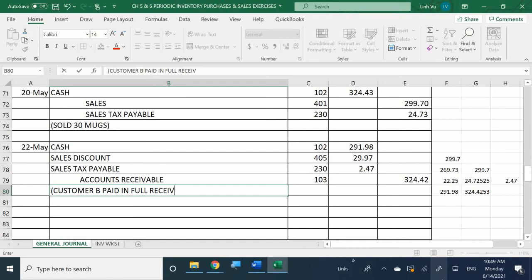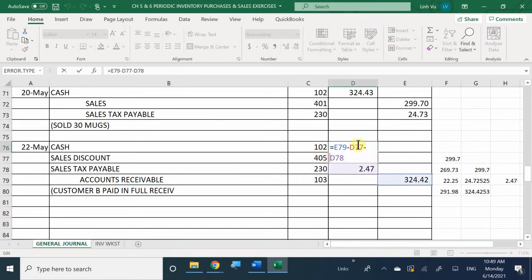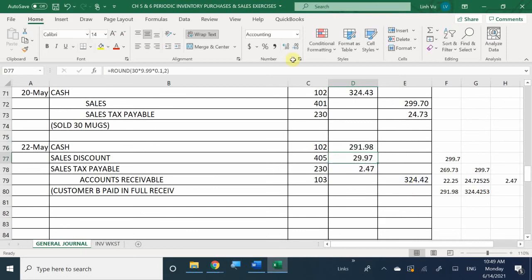I just subtracted everything out so then the pennies all line up. I can see it now, because when you just pull up a number, I'm wondering where that number came from. So I just took the 324, subtracted the 29.97 and the $2.47 to get a total of 291.98. Okay, thank you.